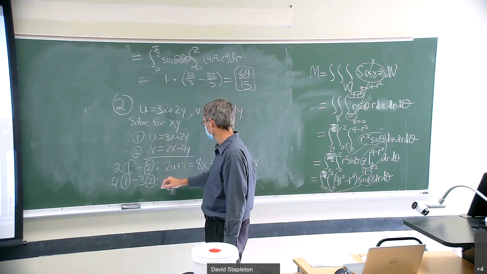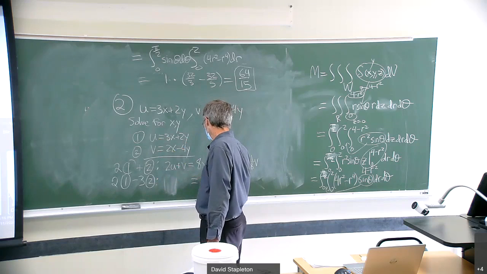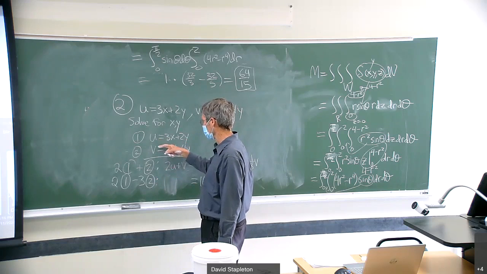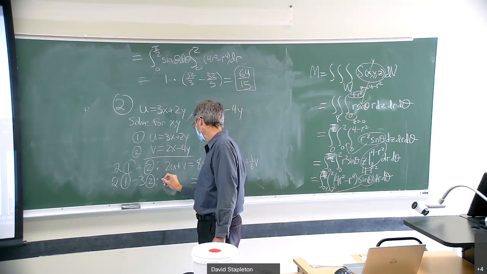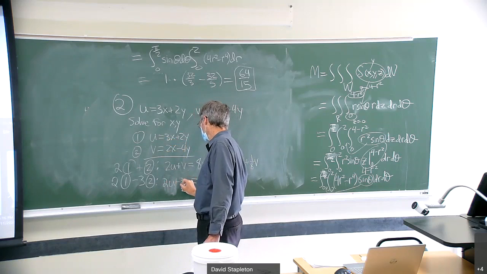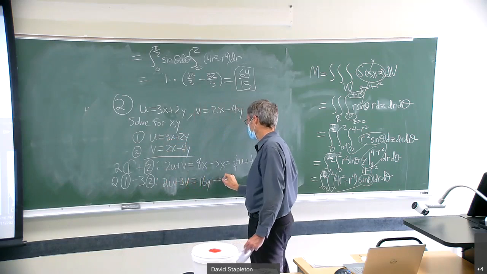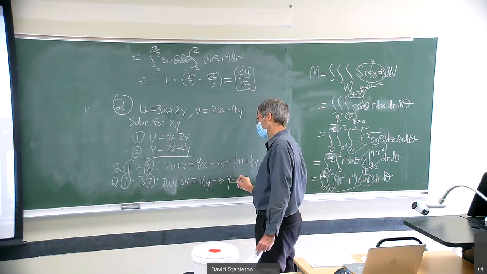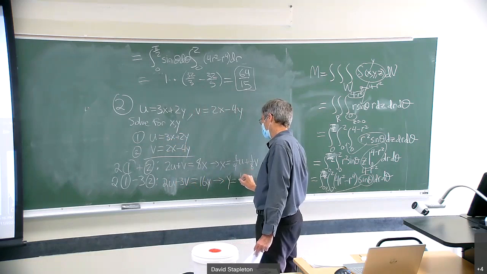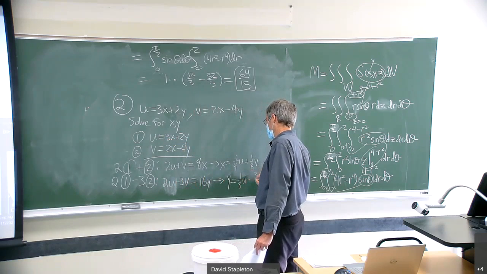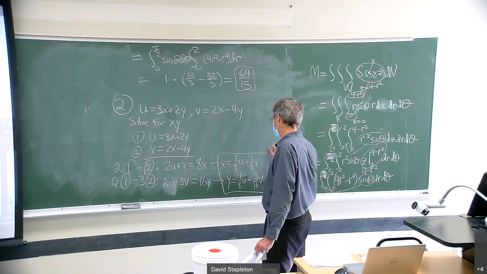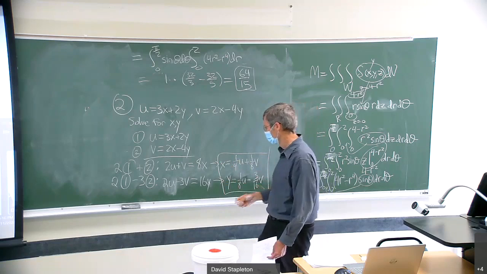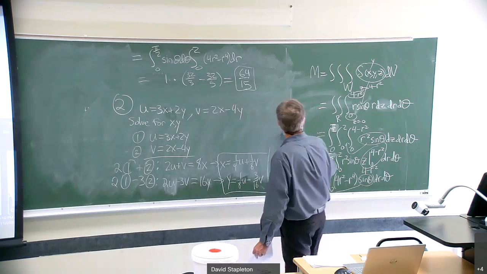And on the left, I've got twice u minus 3 times v. There we go. Divide that by 16, and you've got y equals 1/8 u minus 3/16 v. So that's what I was looking for there. Just solve for x and y, those two linear equations in two unknowns.